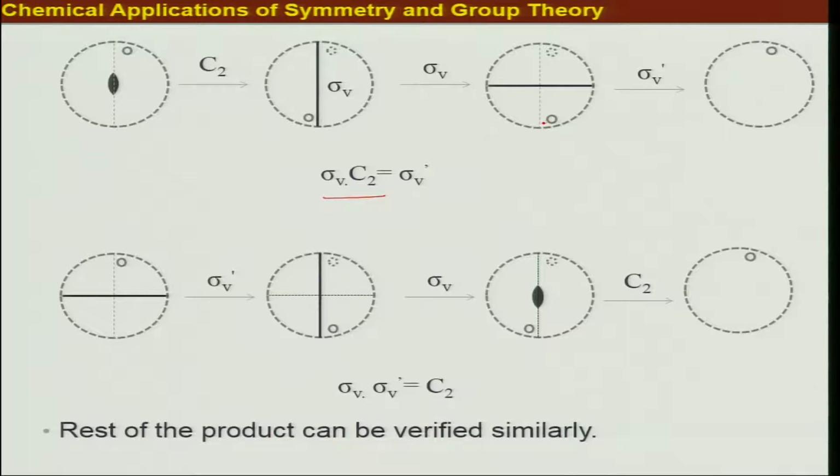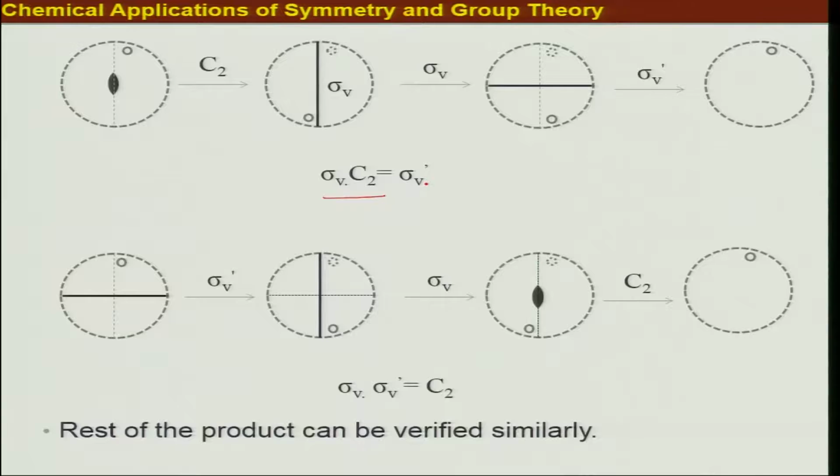And if you would have taken a plane which is here perpendicular to the sigma v plane, I would call it sigma v prime, then reflection through that sigma v prime plane could take the original point to this point, which we have got after operating C2 and sigma v. So that means that sigma v C2 equals sigma v prime.